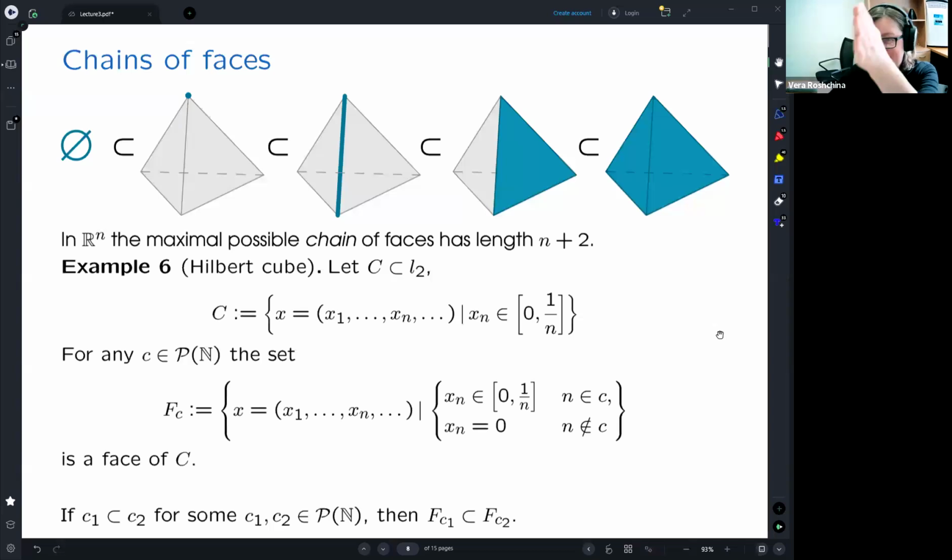The way to construct it is to take a set that in some references is called the Hilbert cube. This example comes from a paper with Rainier, but it's not a super new example that nobody knew about. It's kind of classic, but we didn't have a specific reference for it.